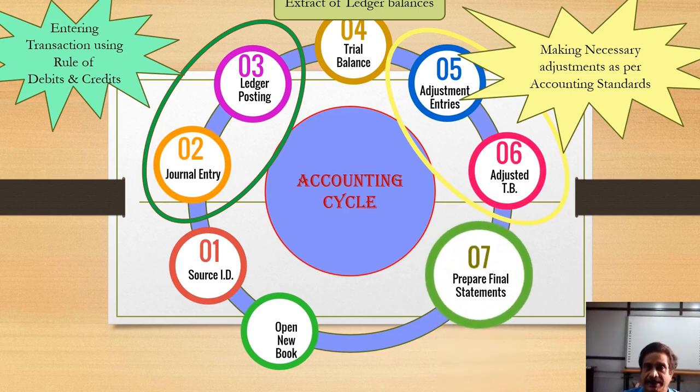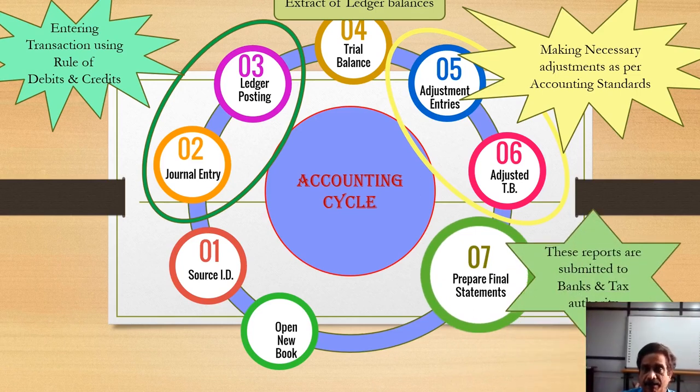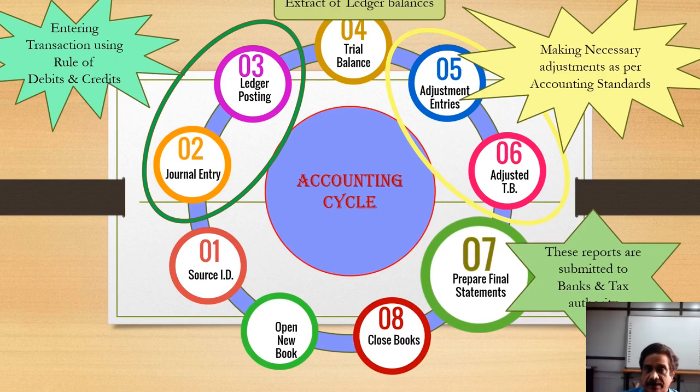And after making this adjusted trial balance, we have to prepare the final statements, which are nothing but the reports that we are supposed to submit to both banks, auditors and our state. With this, the process of accounting cycle is completed. Now we close the books of accounts so that this accounting period is closed, and for the next accounting period we will have to start it again with the new books of accounts.